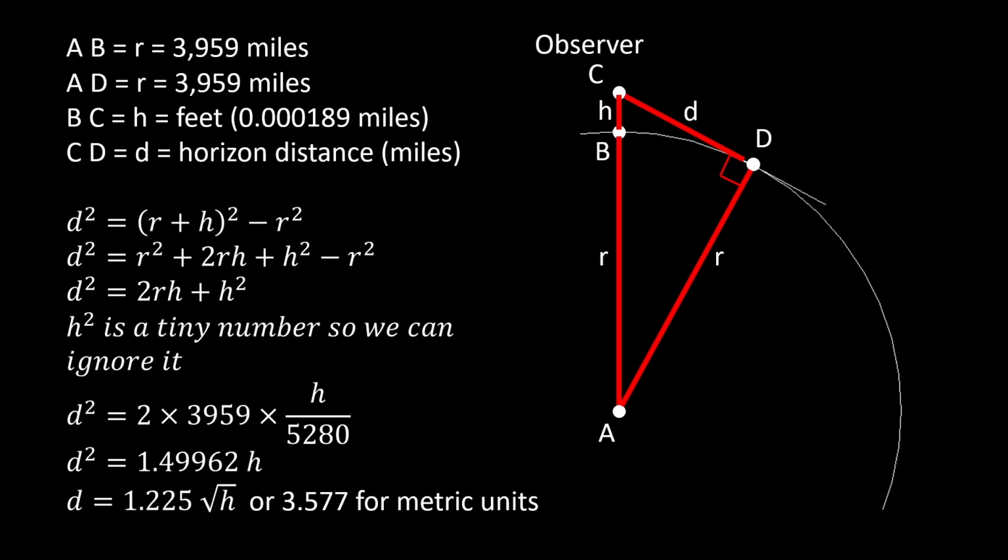Now, if you just do that little bit of math I've done on the left side there, you get d equal to 1.225 times the square root of the observer's height, and that is if you're using imperial units. If you want to use metric units, it's 3.577 times the square root of the observer's height.